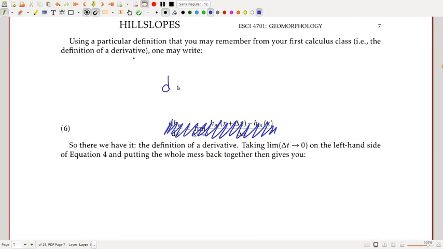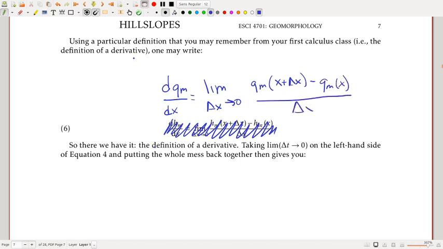So dq sub m over dx is equal to the limit as delta x approaches 0 of q sub m of x plus delta x minus q sub m of x over delta x. So it's just the same thing I wrote above. I think my brain was going to h's because of h's being used in calculus, so I apologize for that. We're just going to completely ignore that right now.